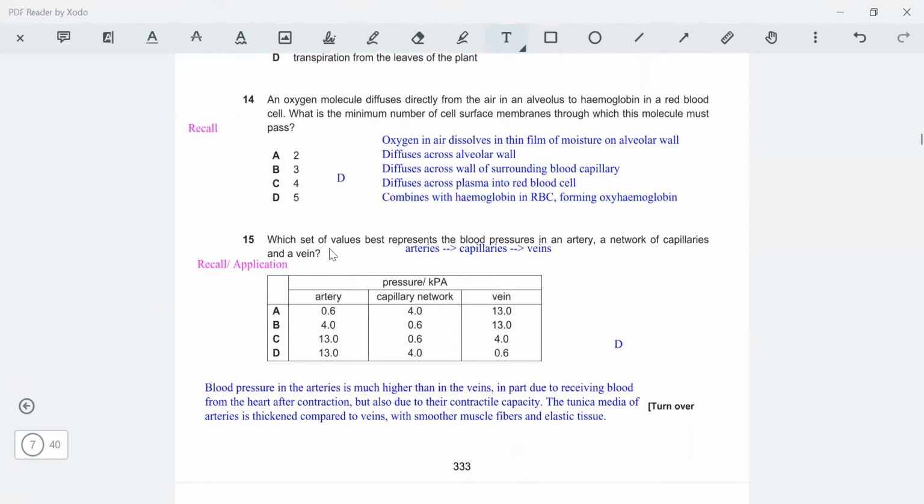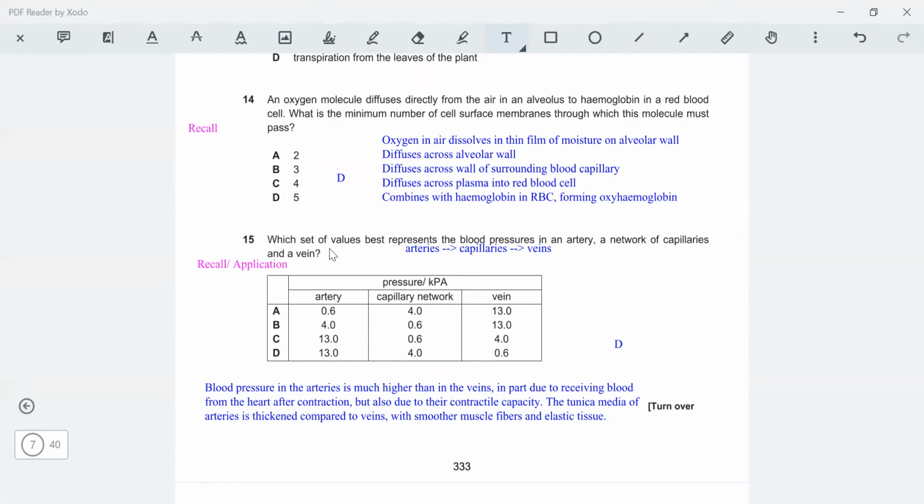Question 15. Which set of values best represents the blood pressure in an artery, a network of capillaries, and a vein? So this is recall/application. It requires you to remember what functions each of them do and what happens to the blood pressure when blood flows through. Blood flows from the arteries to the capillaries to the veins.